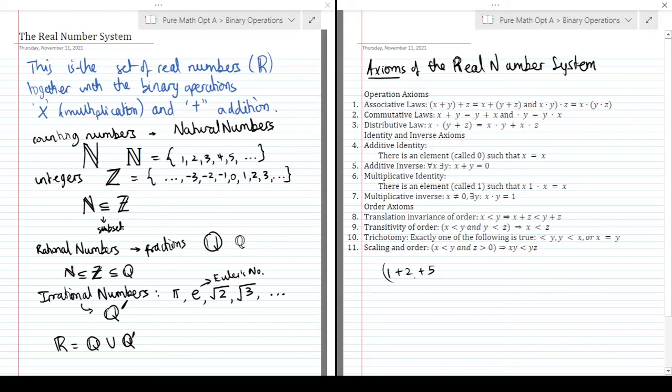So you could say 1 plus 2, and then the answer for that you add to 5, right? But if you change which pair you are doing first, you actually get the same answer. It doesn't really matter, right? So the associative law has to do with how you pair off numbers in order to add or multiply more than 2 together.